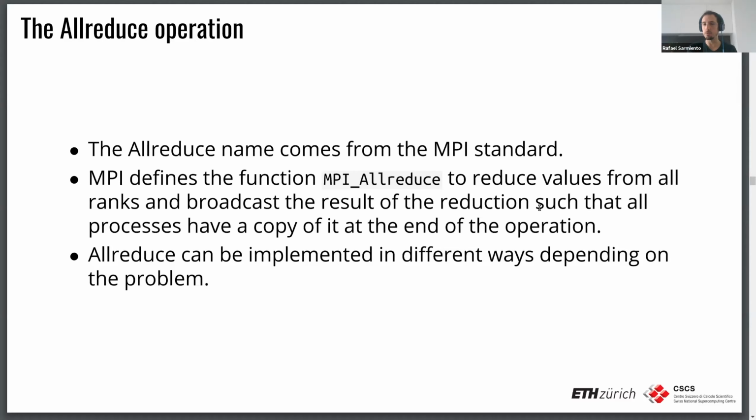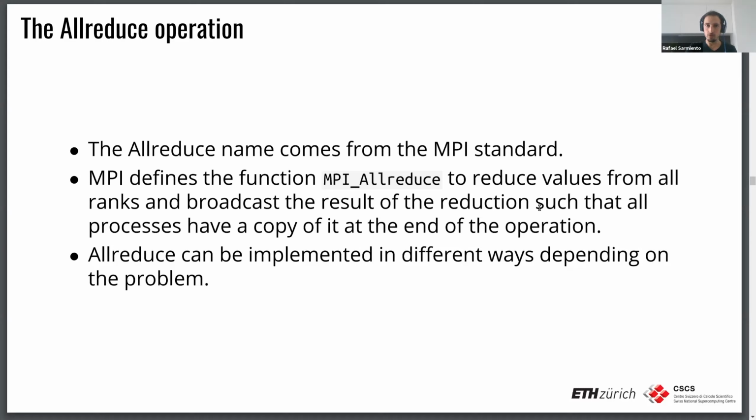In this case, what we are going to do is an average. So we get a single value and distribute it to all the nodes. So at the end, all the nodes have to have the same array. This is what MPI defines as the all reduce operation. MPI tells you this is what all reduce does. The implementation can be different from one version of MPI to the other.